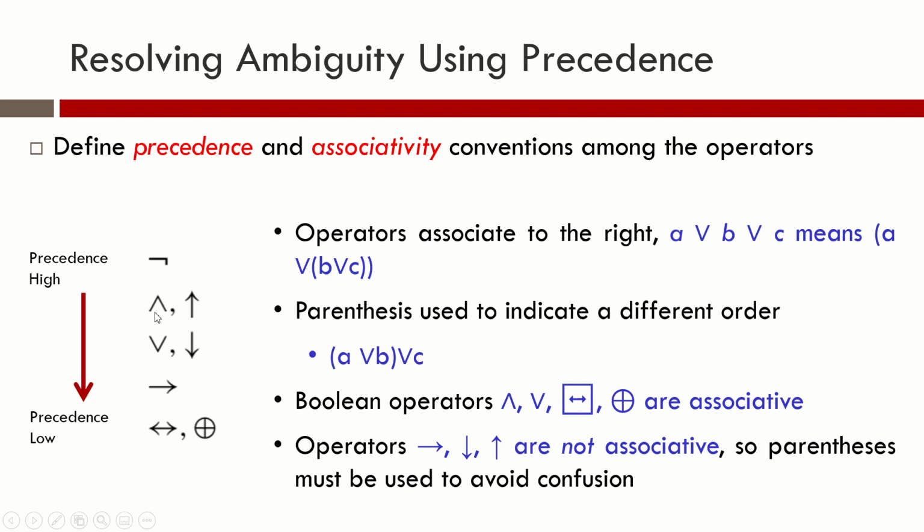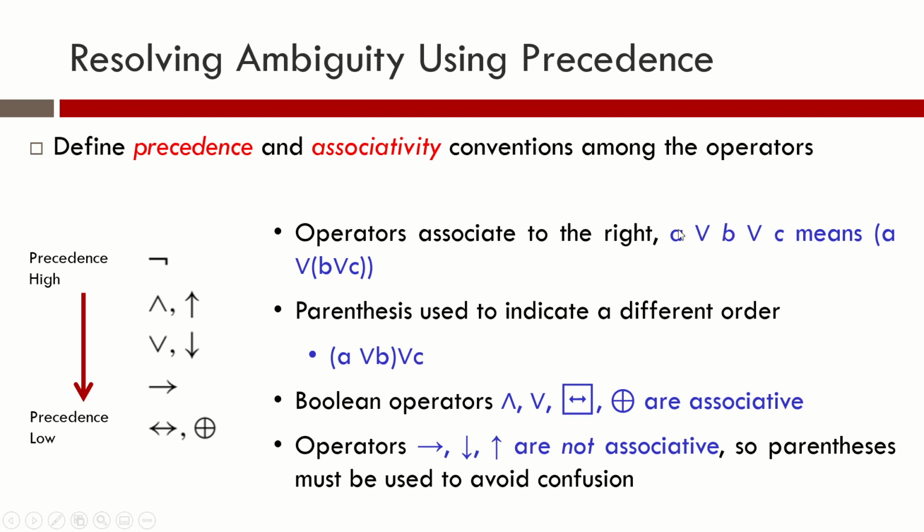Again, we also have to define associativity. Operators will associate to the right. That is, suppose we have a formula, say A or B or C. Here the operator is the same. Both the operators are disjunctions.